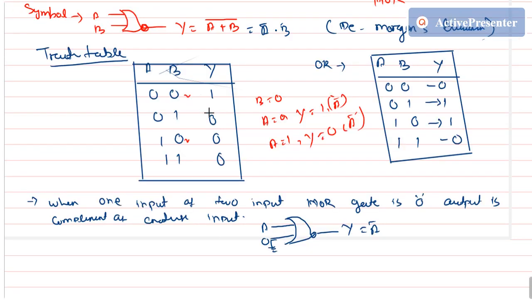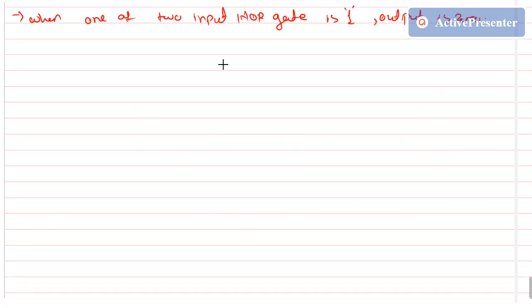See in the truth table, when any of the inputs is 1, the output is always 0. That's the statement, and pictorially you can draw it like this. Suppose this is given as 1 and this is B, then the output will always be 0. It is not dependent upon B at all.